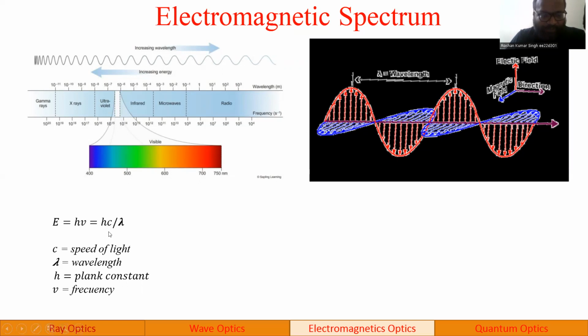And of course, this is the equation of the wave, h nu, which is equal to hc by lambda, where c is the speed of light and lambda is the wavelength. The difference from wave optics is that wave optics treats light as a scalar, but the electromagnetic wave is treated as a vector with electric and magnetic fields.